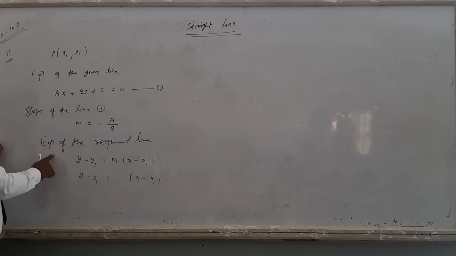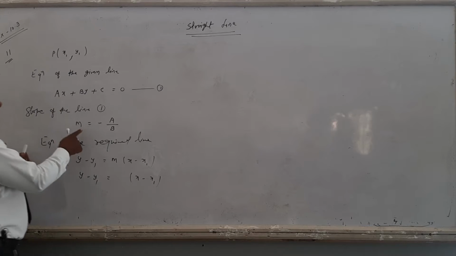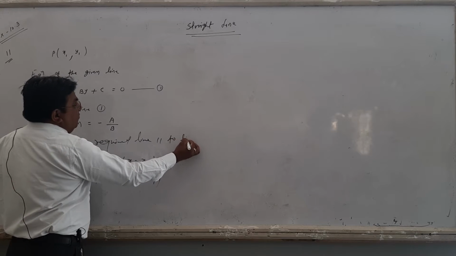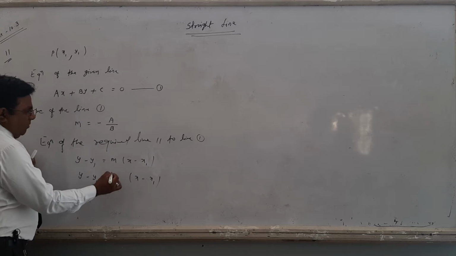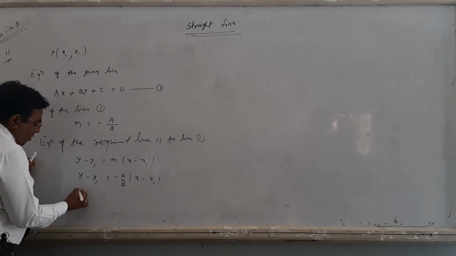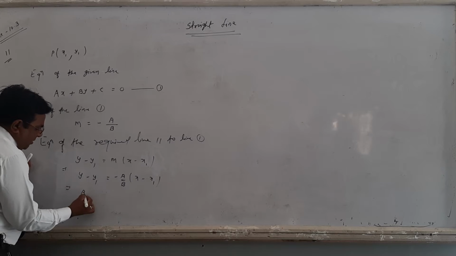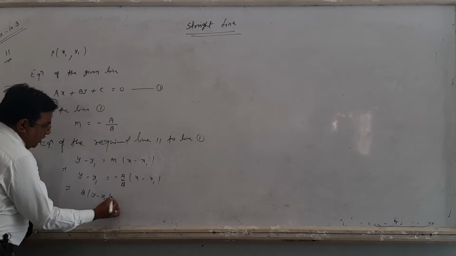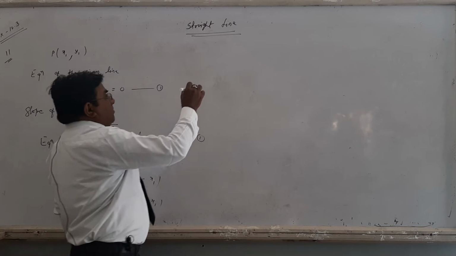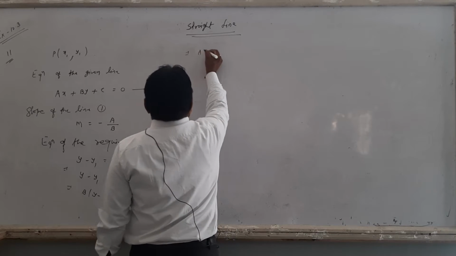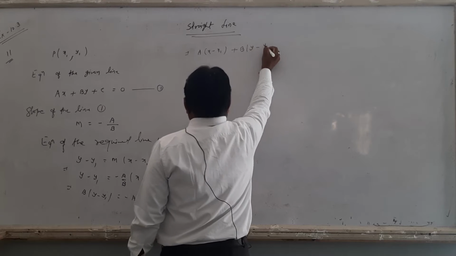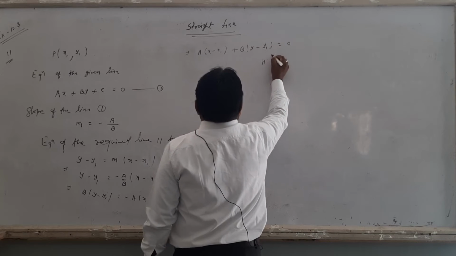Because the line whose equation we have to find is parallel to this line, that means the slopes are equal, minus A upon B. Now cross multiplying by B, then B into (y minus y1) equals minus A into (x minus x1). Then transfer this term to that side. So A(x minus x1) plus B(y minus y1) equals 0, hence proved.